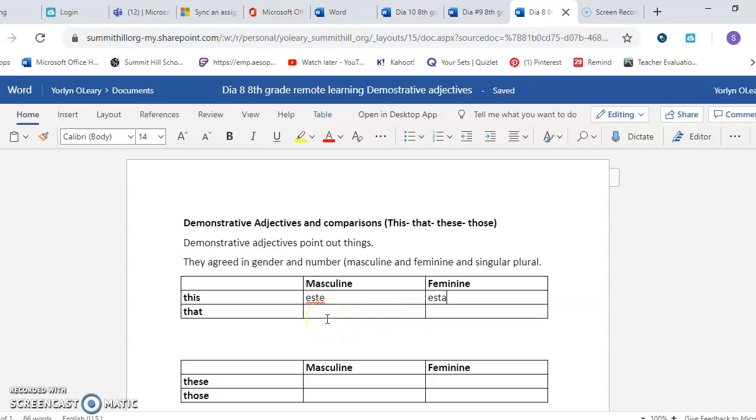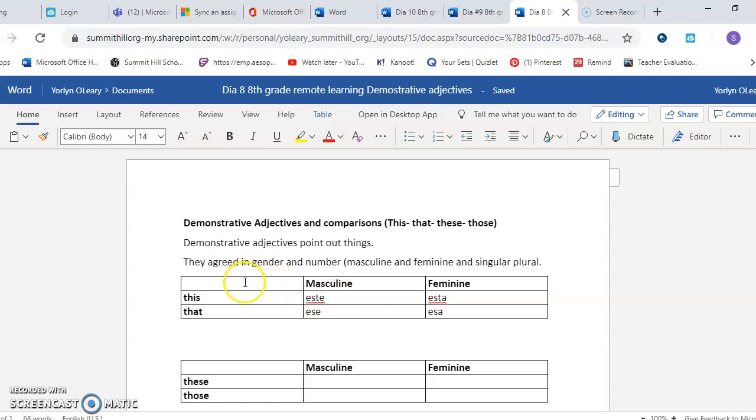For that, masculine, singular, I am going to then use ese, that. But if it is feminine, singular, that means it ends in letter A, or the definite article is la, I'm going to use esa. Okay?